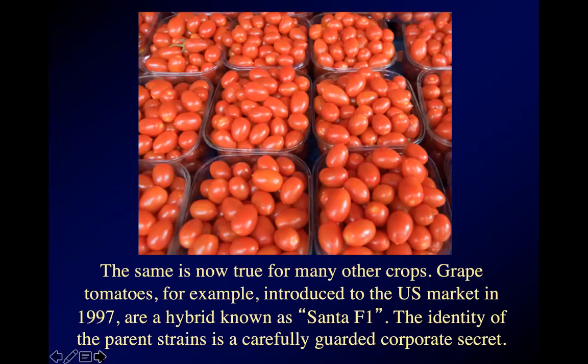There's one particular breeder, I think it was a Chinese company, that developed grape tomatoes, and they're the only ones that know what are the inbred strains that have to be crossbred to get a grape tomato plant. So if you want to grow grape tomatoes, you have to buy grape tomato seed from the company that knows how to produce it. So the identity of the parent strains that you'd have to cross to get a grape tomato plant, that's a carefully guarded corporate secret.